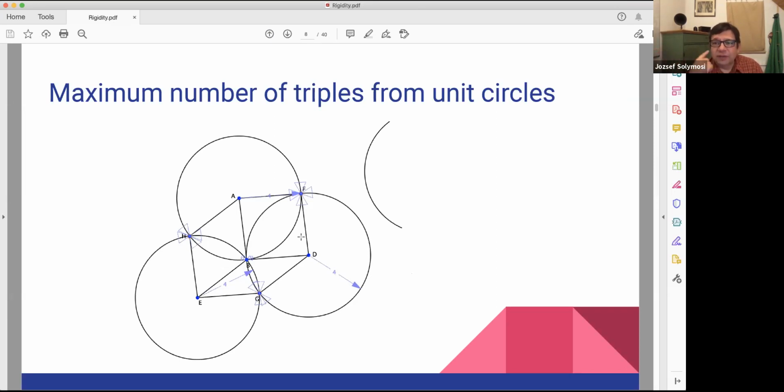The lower bound we gave by this rigidity example gives n to the 3/2, because you have n circles, they will give you n choose 2 points. No, n choose 2, because the middle won't count, yes? And then any triple will give you a co-unit circular triple.